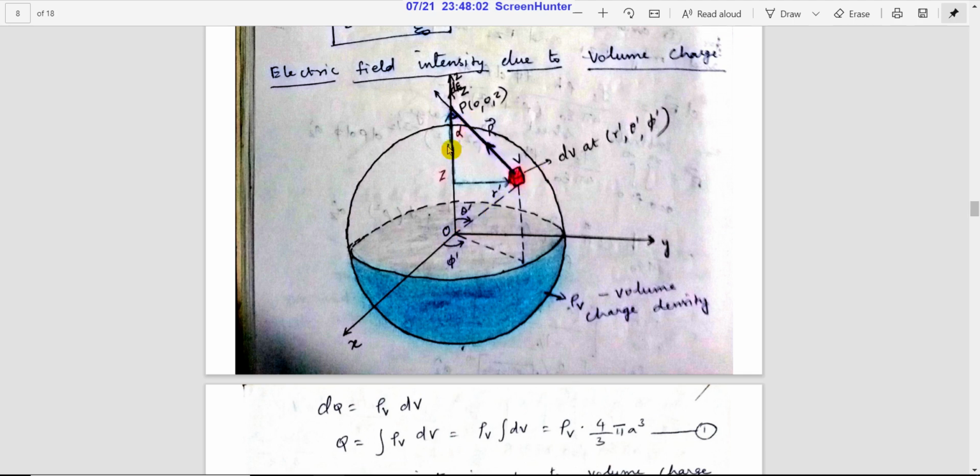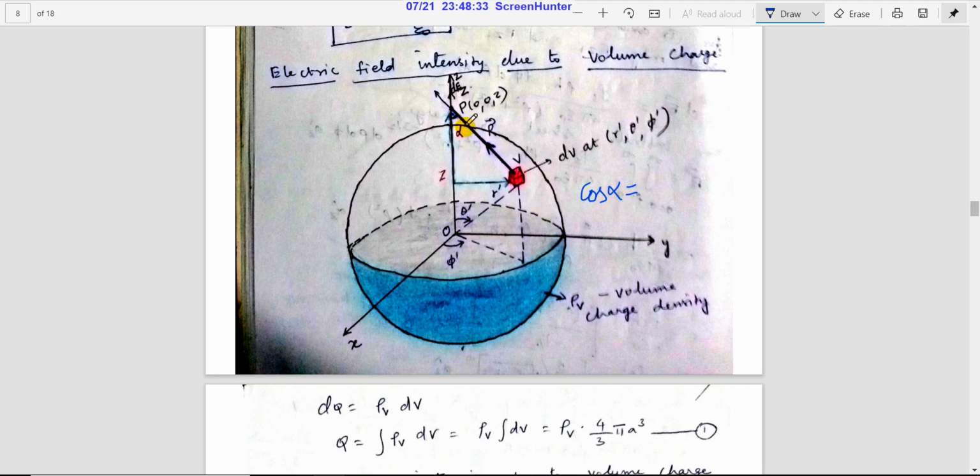So if you apply the cosine law on this particular alpha, and for this theta dash also you can apply. So you know the particular cosine law.